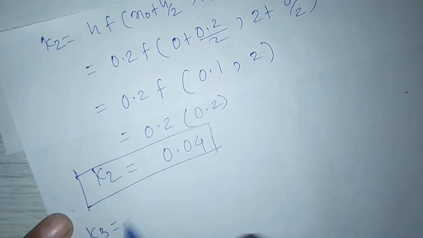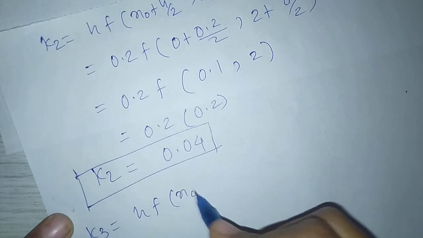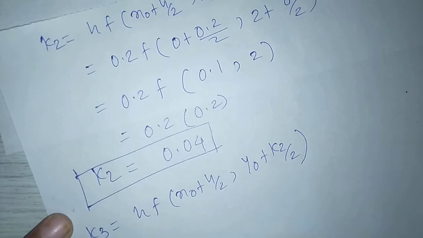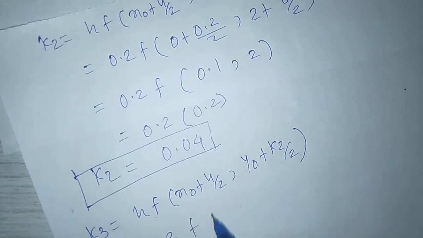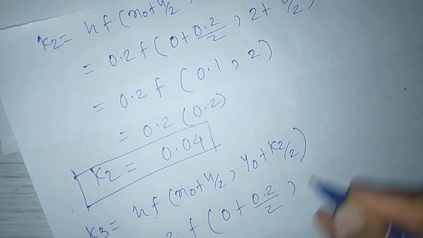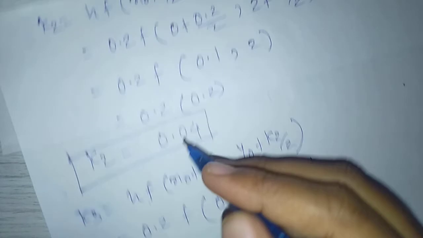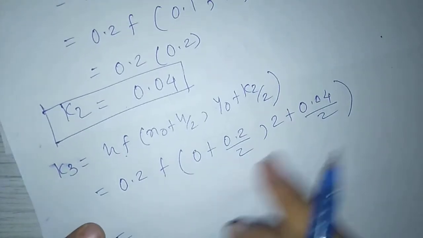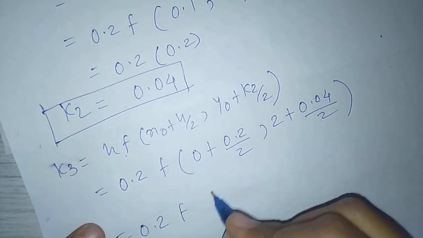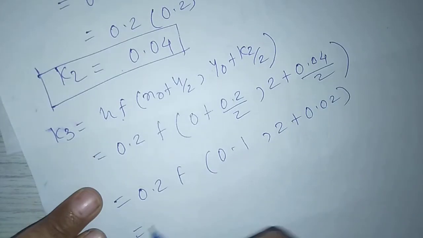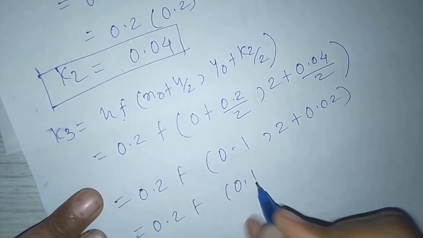k3 equal to h f of x naught plus h upon 2, y naught plus k2 upon 2, equal to h is 0.2, f of x naught is 0 plus h upon 2, y naught is 2 plus k2 is 0.04 upon 2, equal to 0.2 f of 0.1, 2 plus 0.02, equal to 0.2 f of 0.1, 2.02.